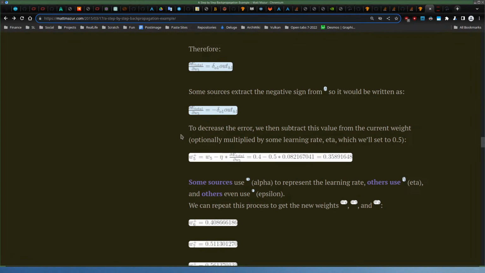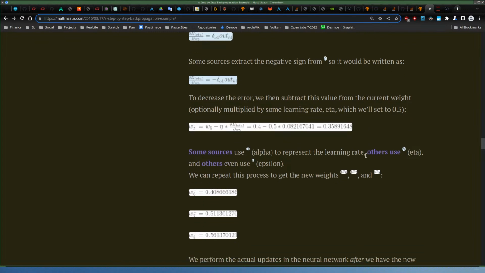Sometimes you have a minus in front of it. So to decrease the error, we then subtract this value from the current weight, optionally multiplying by some learning rate, which we will set to a half. So then the new weight is the old weight minus eta times what we just calculated.